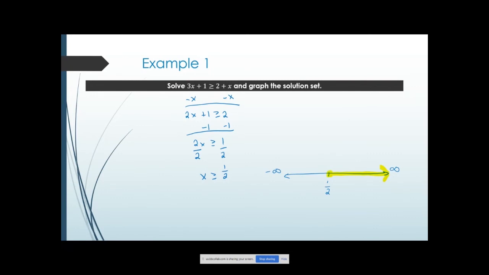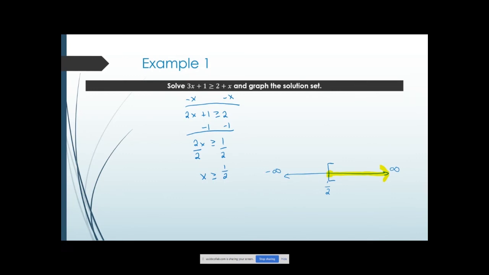Because we can equal 1/2, that is a bracket. The bracket is used whenever you have an equal to part. And the bracket faces the direction that you are shaded. So I'm going to have a bracket facing to the right because that's where I'm shaded.